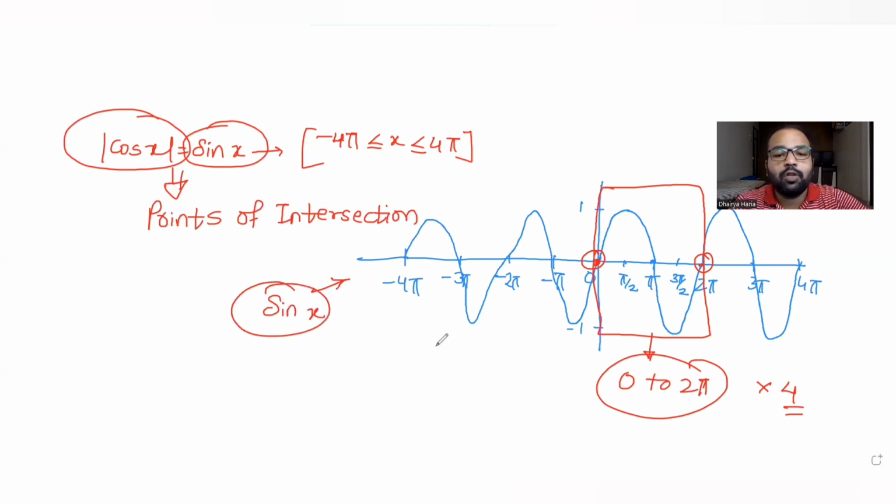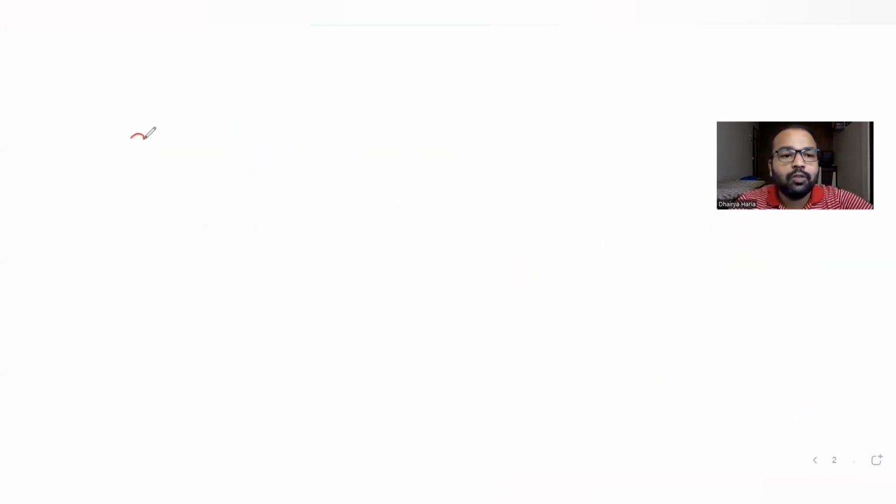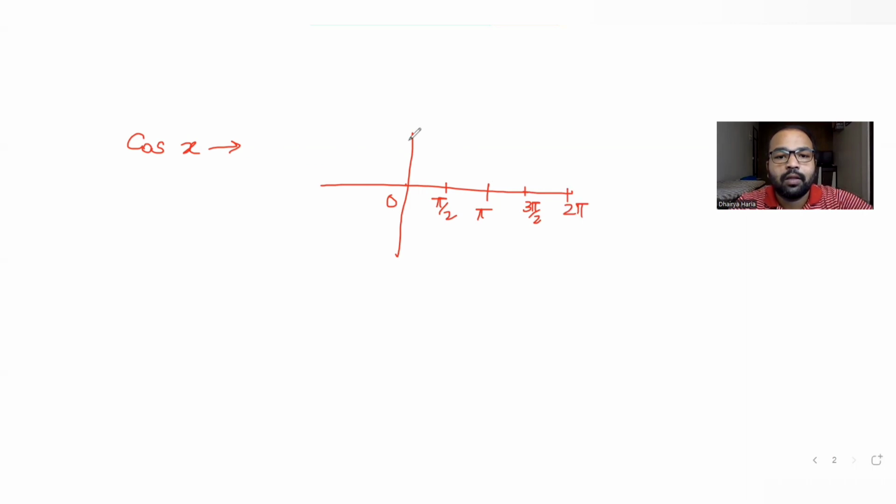Now let's talk about the curve of cos x from 0 to 2 pi. First I'll find it for cos x and then we'll talk about mod of cos x. So cos x, from 0, pi by 2, pi, 3 pi by 2, with values 1 and minus 1.